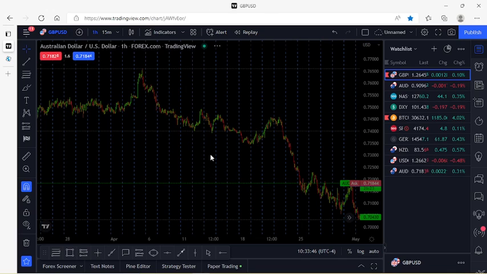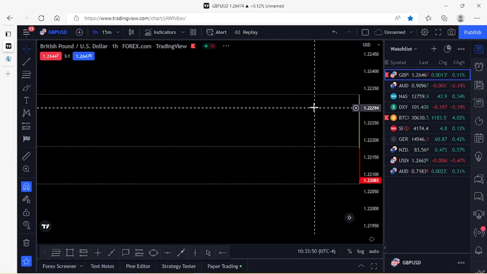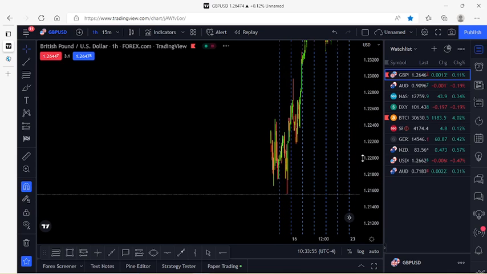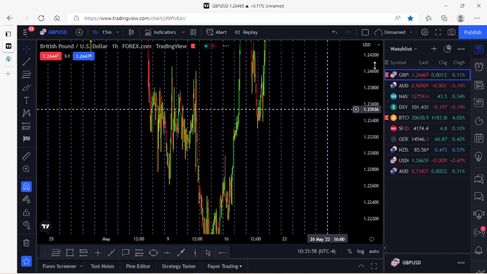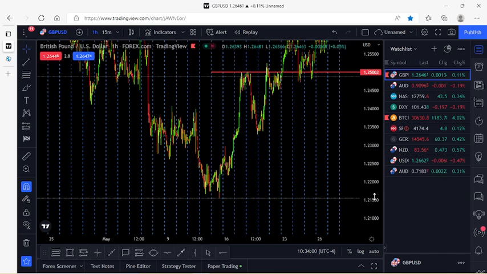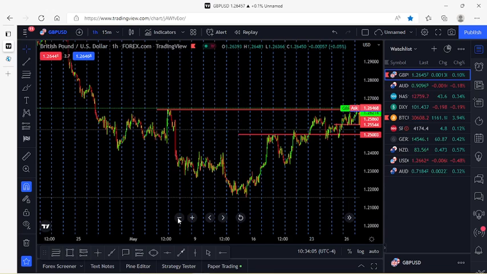But normally the pound has been increasing in value for a very long time, guys. Overall, we're looking at a long-term view, right?